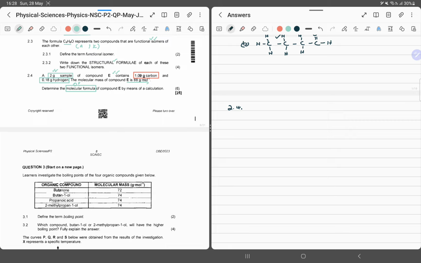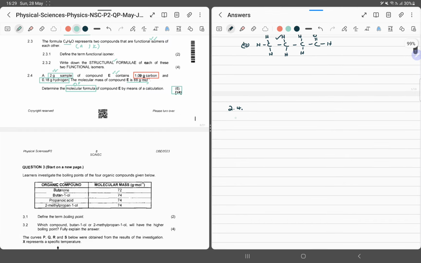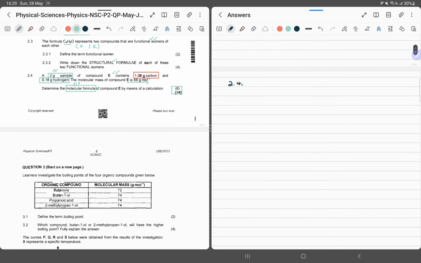So you can see here we are doing some work. Okay, let's start. So obviously we want the number of moles of each, because these molar ratios give us a molecular formula. So the number of moles of carbon is the mass that we are given, which is 1,09, divided by the molar mass of carbon, which is 12 in the periodic table.